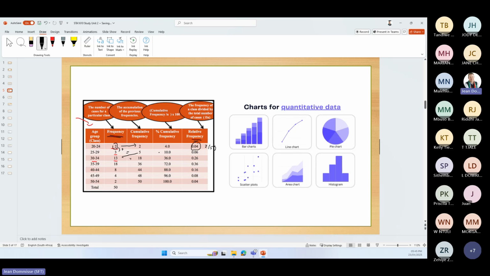But you can also have a cumulative frequency. So let's look at 36. So that 36 is 18 divided by 50. Okay, so there might be questions where they ask you about cumulative frequency.